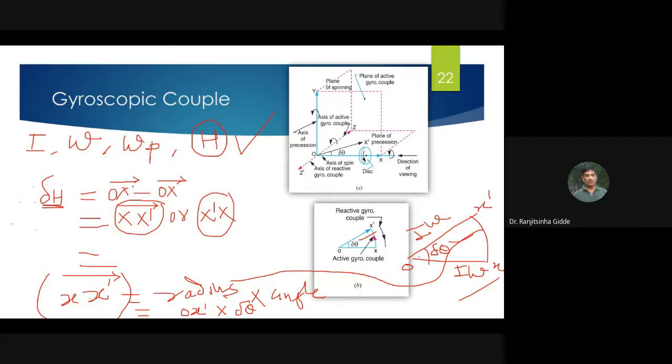Next line you can write, therefore vector x prime is equal to this vector OX prime into delta theta, or OX delta theta. So here we can write x prime. Sorry, one minute.